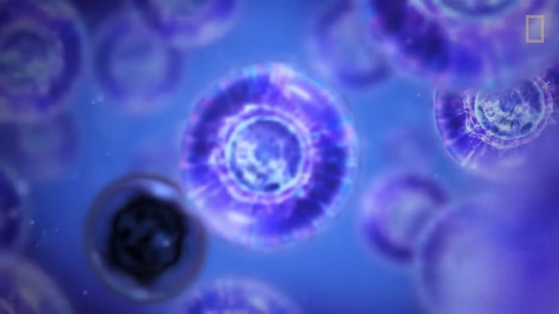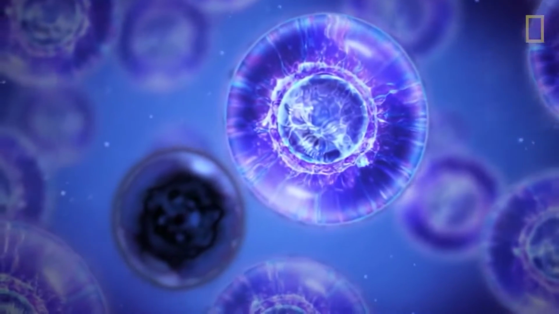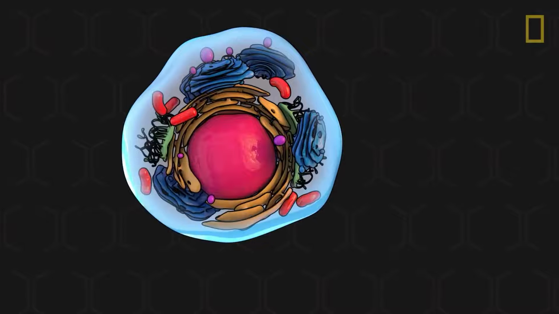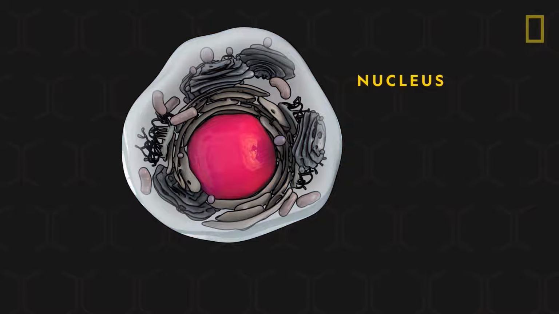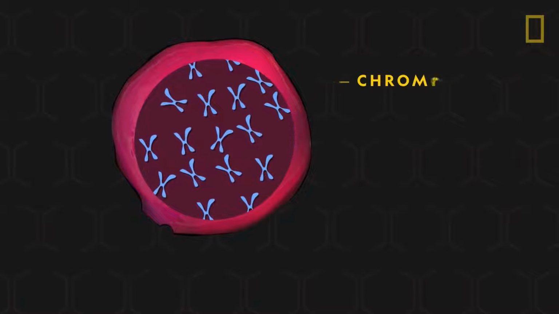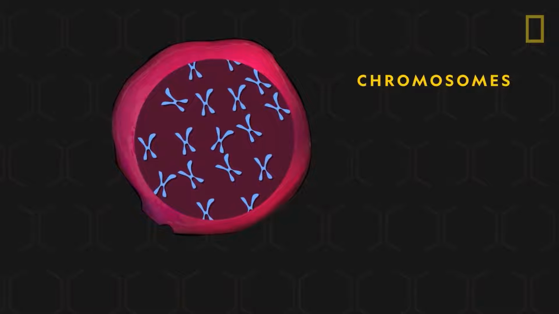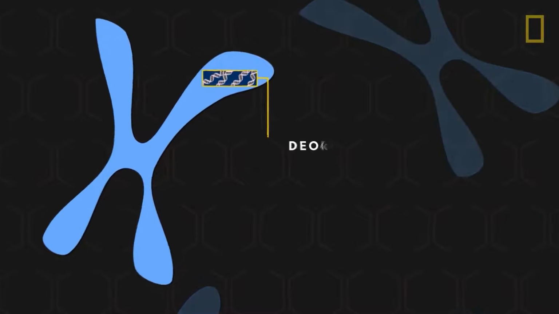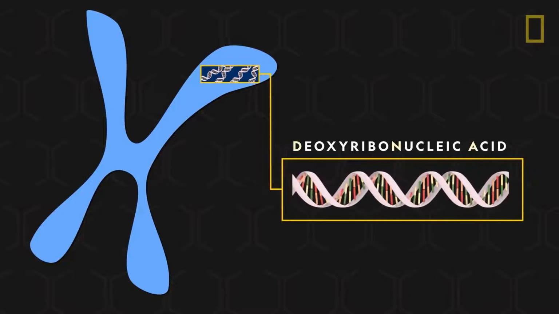Structures called chromosomes carry this information in the form of deoxyribonucleic acid, or DNA, as we know. So you know that the genetic information is stored in the nucleus of the cell, and basically in the chromatin material that is present in the nucleus, which actually consists of the chromosomes in the condensed form, right?